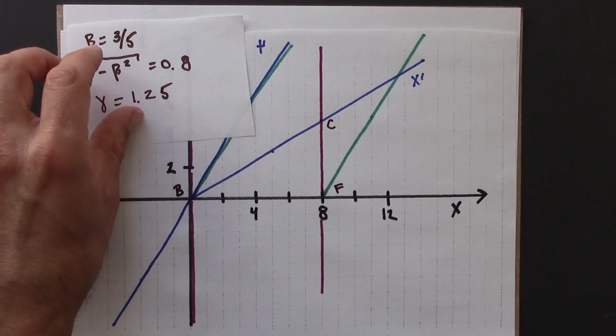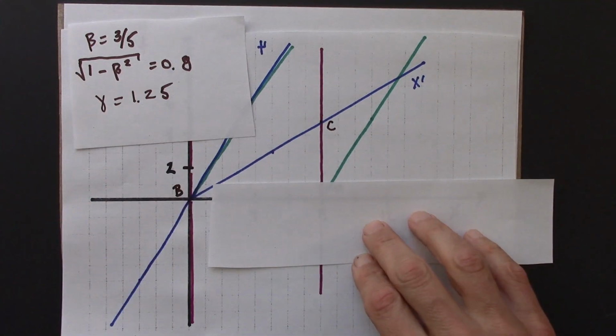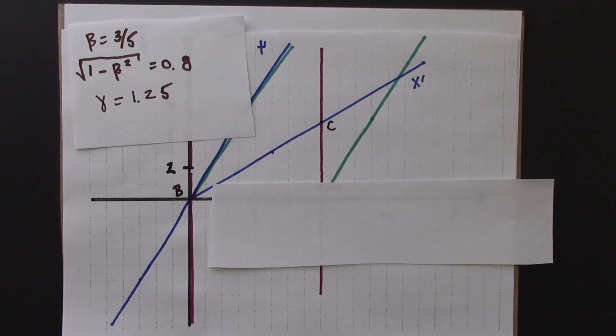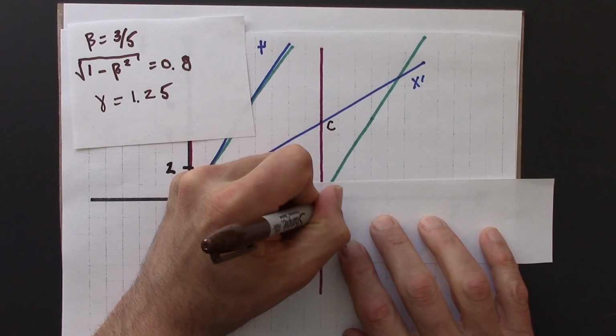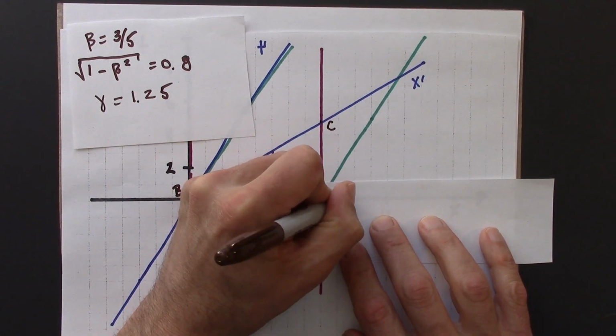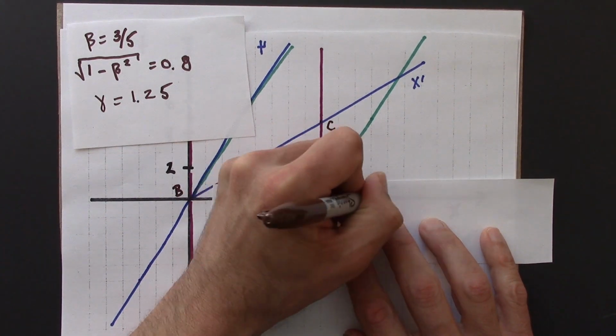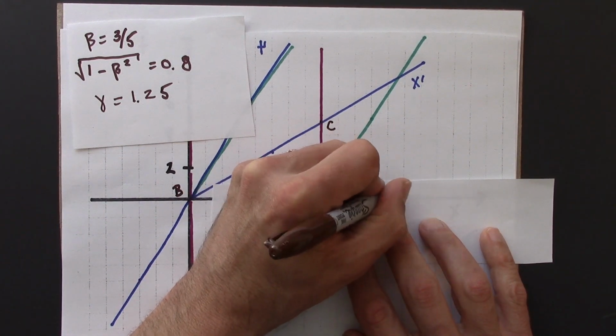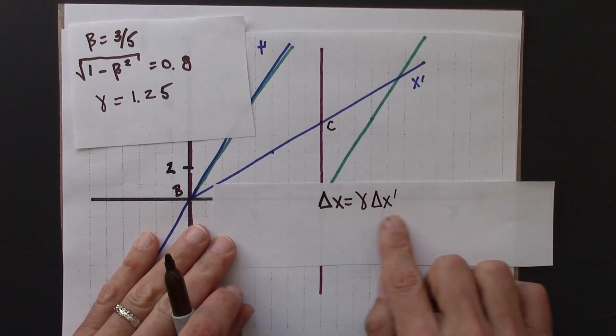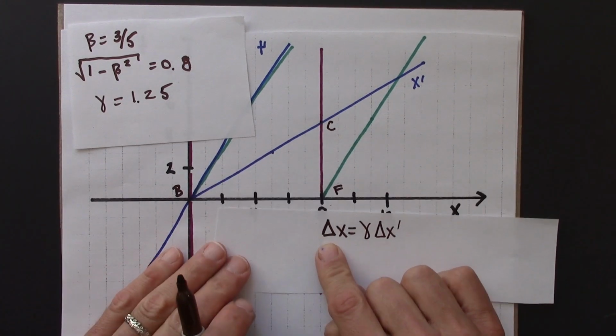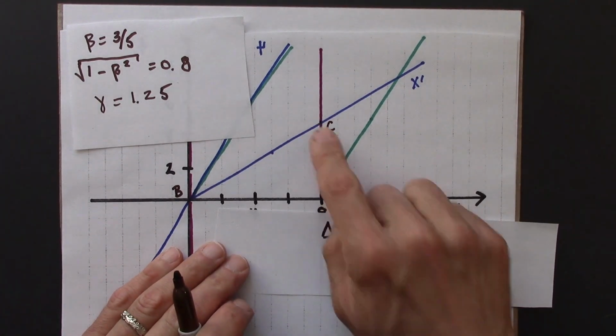And remember that to calibrate an x prime axis, we use this approach. So this relates a spacing on the x-axis to a spacing on the x prime axis.